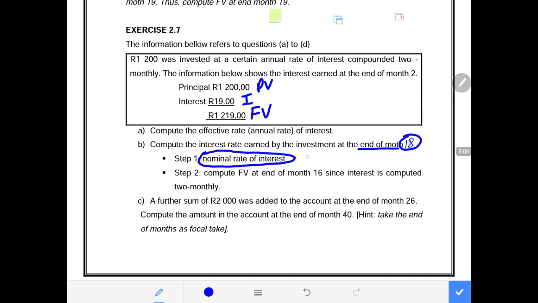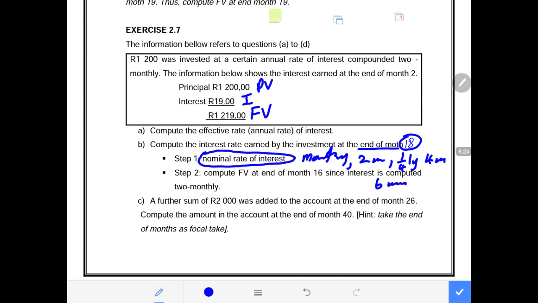Remember, the nominal rate is the rate that is compounded monthly, 2 monthly, quarterly, 4 monthly, or 6 monthly. So that is the rate that we are calculating, which is the nominal rate of interest.